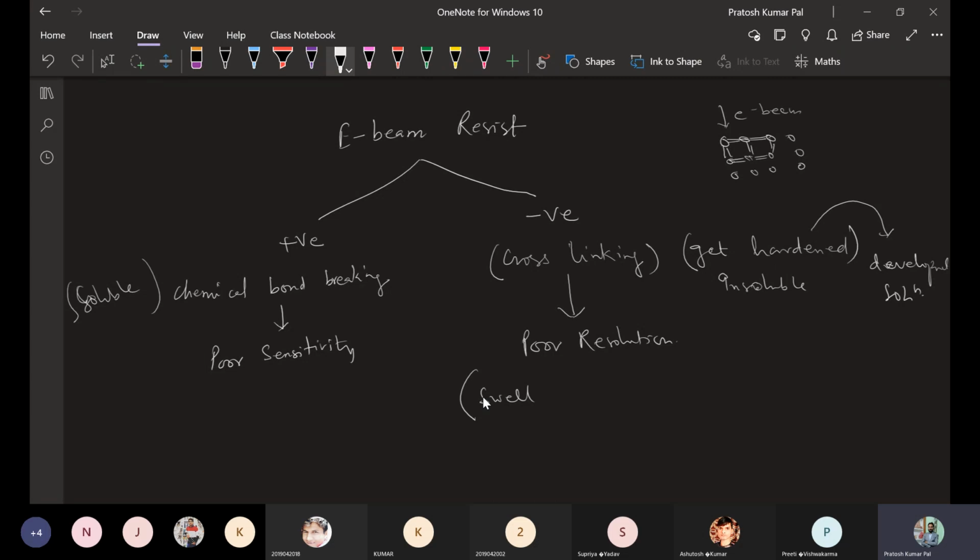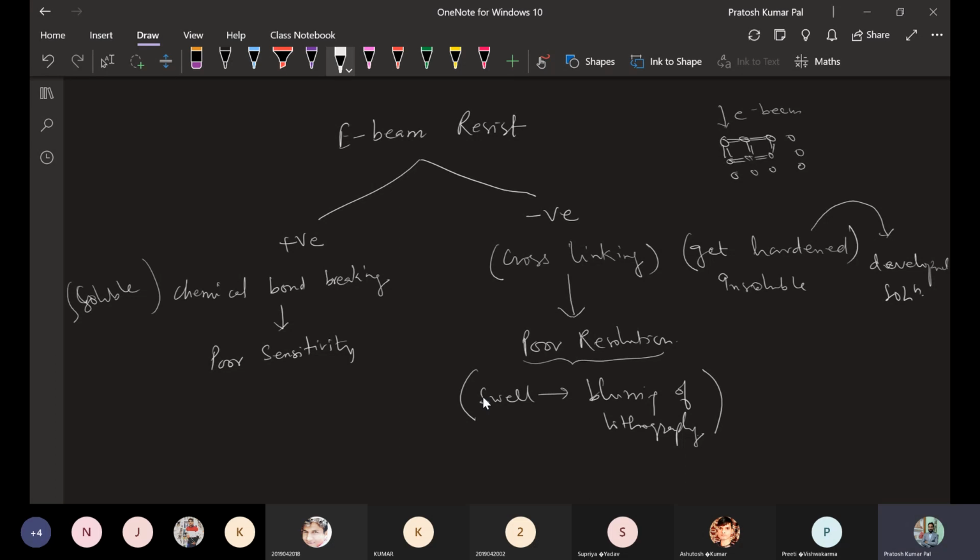So when this swelling takes place in the hardened part of the resist in the development solution, the swelling will result in blurring of your lithography. Okay, so as it has blurring, there will be poor resolution.